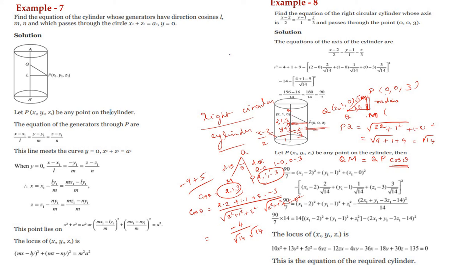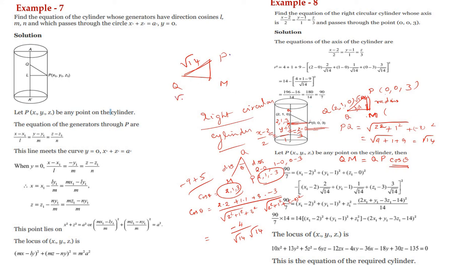Again we go back to this right angle triangle. We want to know what QM is, and what PM is. PM is the radius, so how do we determine it? By the Pythagoras theorem, we have PQ, which is the square root of 14, and QM is QP cos theta. PQ we have already determined.